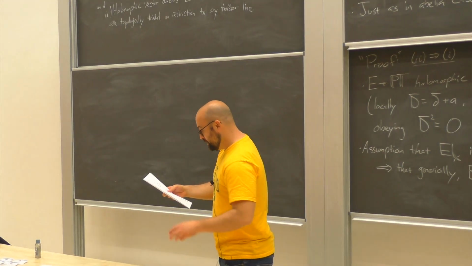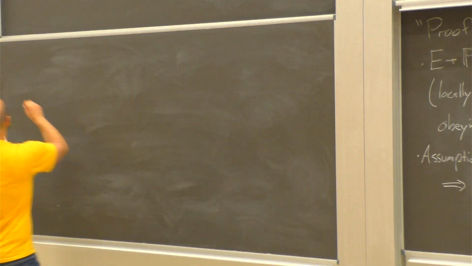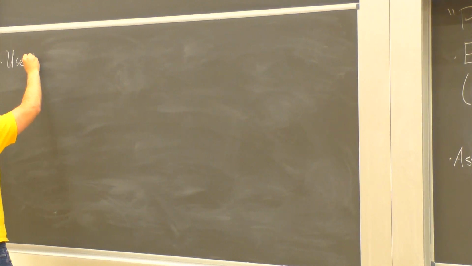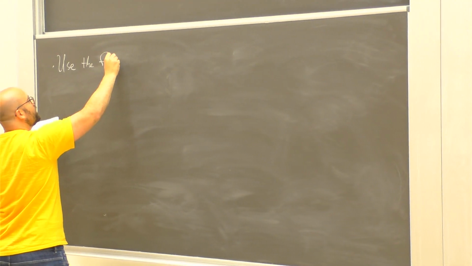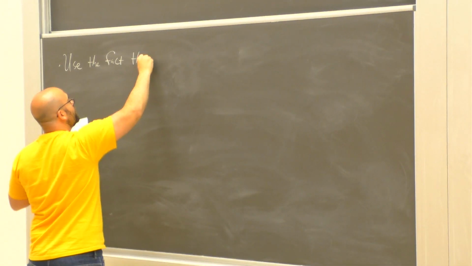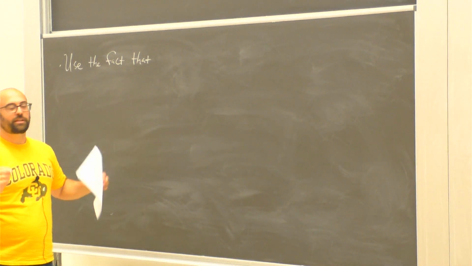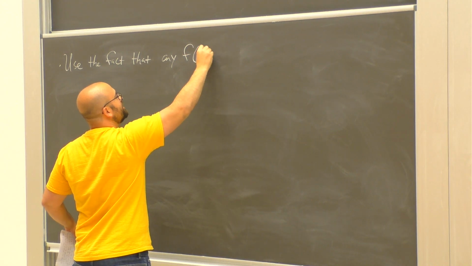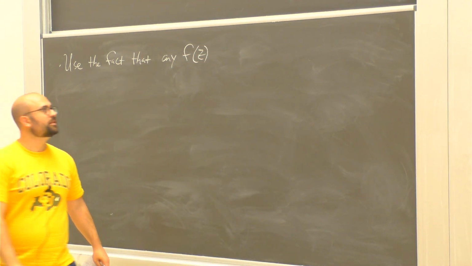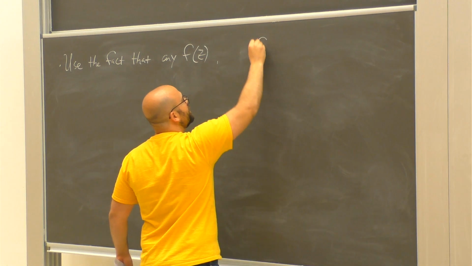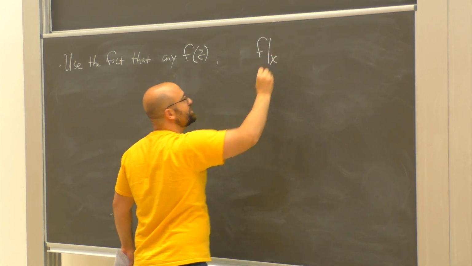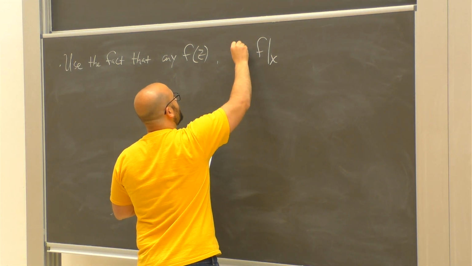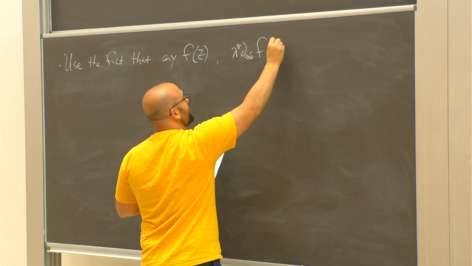All right. So now we're going to use the fact that if I have any object F, say, that lives on Twistor space, and I restrict it to a Twistor line, X, then that object is annihilated by lambda alpha d alpha alpha dot.